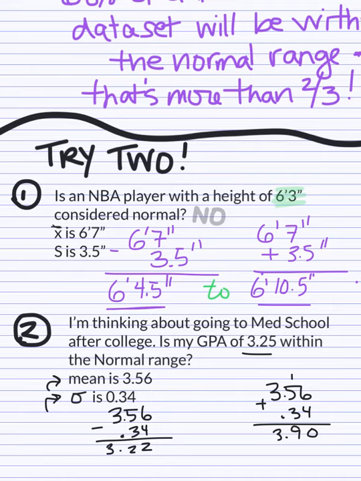So the normal range would be 3.22 to 3.9. And sure enough, 3.25 falls right in between those numbers. It would be in here. So is this GPA within the normal range? The answer would be yes. All right, so that's what today's practice is going to look like. You'll be finding the normal range and determining if values fall within it.